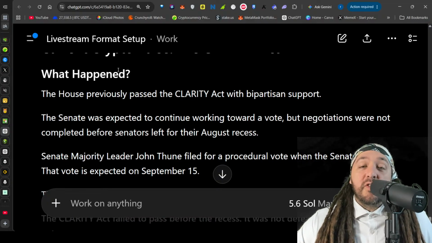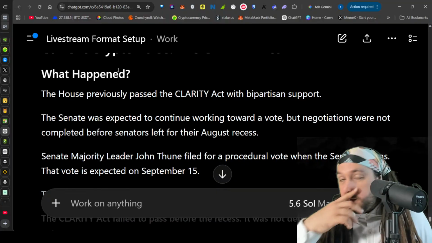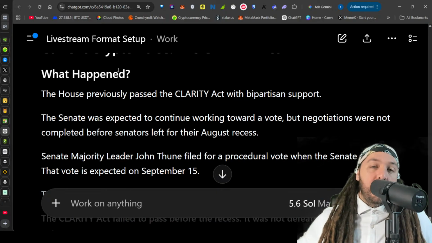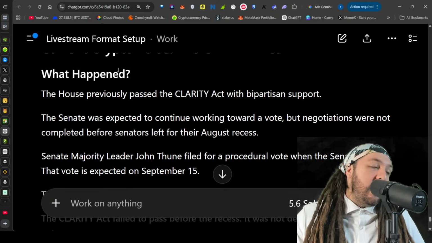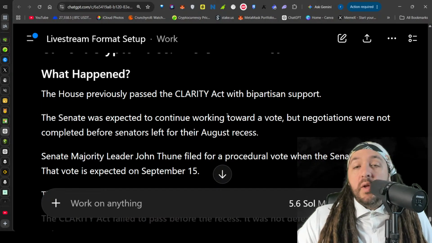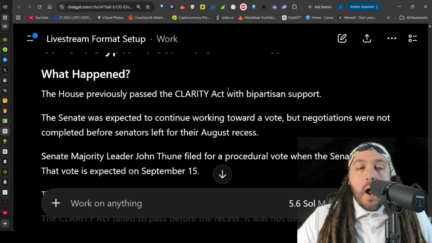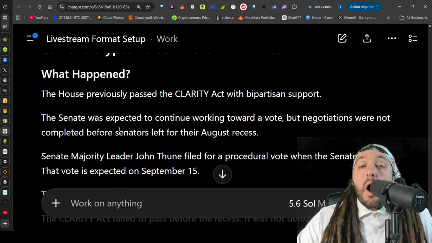The House previously passed the Clarity Act with bipartisan support. That's the House. If you don't live in America, you haven't seen the cartoon with the bill on the step and stuff, and so you might not understand any of those things. That's understandable. The Senate was expected to continue working towards a vote, but negotiations were not completed before the Senate left for August recess.